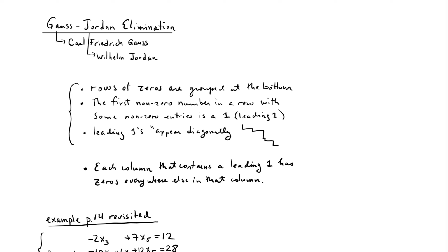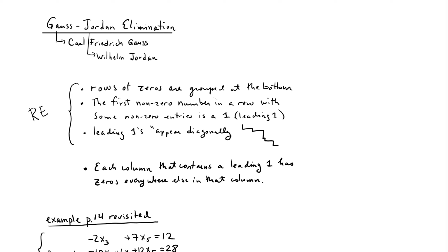And the third one, which I like to write as leading ones appear diagonally. So diagonal doesn't mean a perfect diagonal, but as you move from left to right, the next leading one is a bit further to the right than the previous one as you go down the rows. So that's row echelon form.